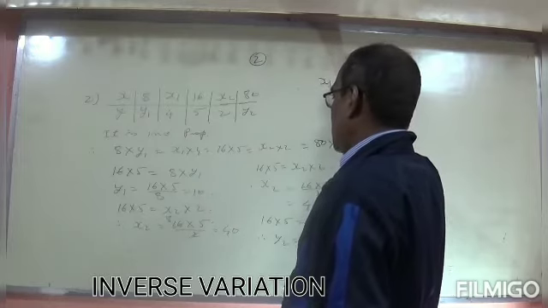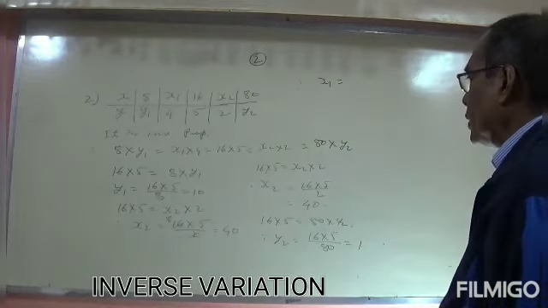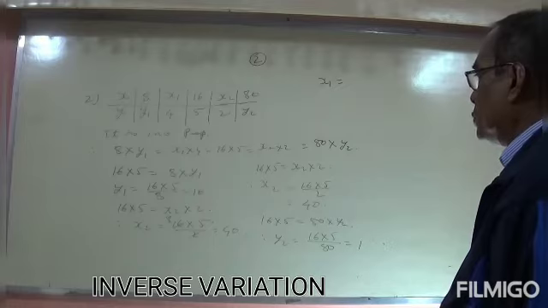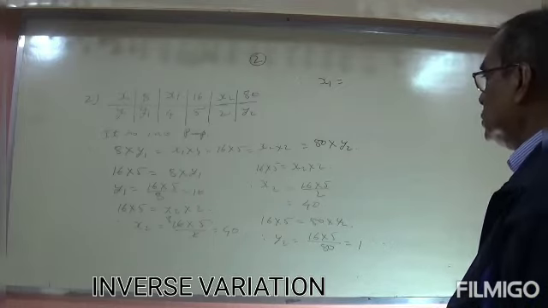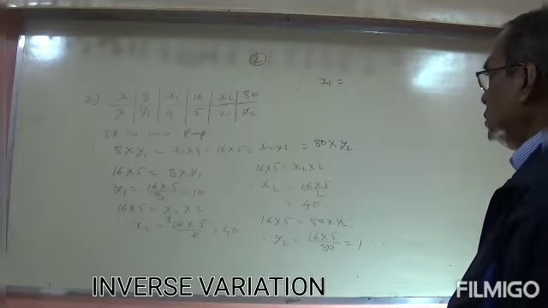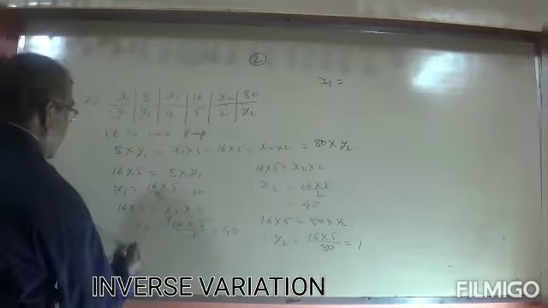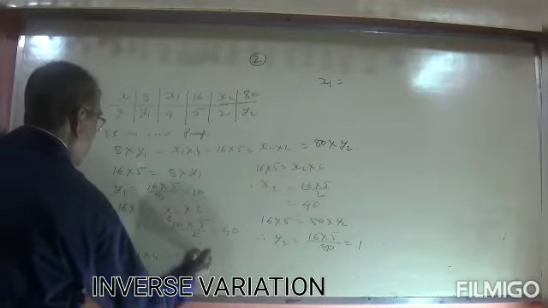Now, where is x1? I have not found x1, in this pair. So I am writing here x1 into 4 is equal to 16 into 5.